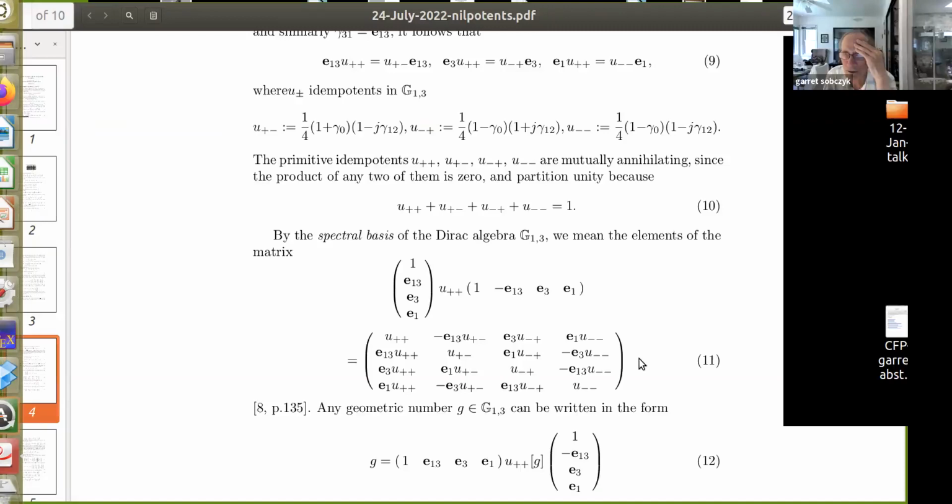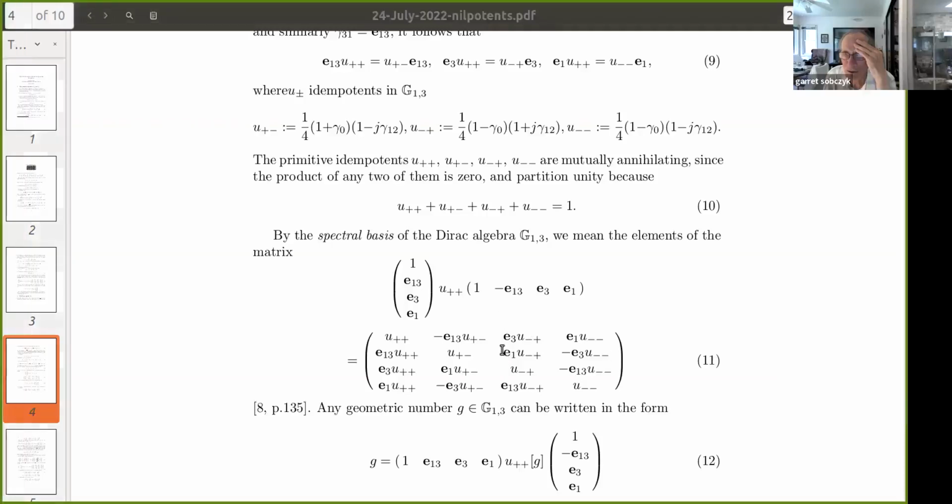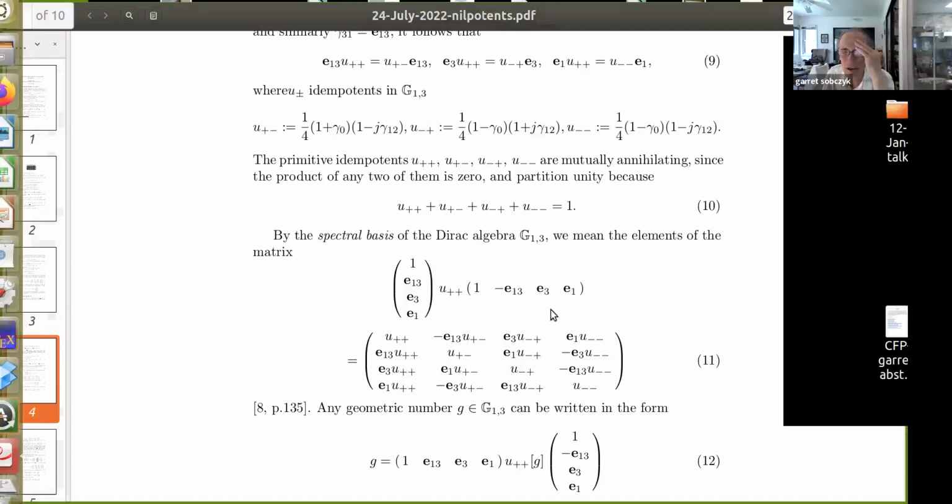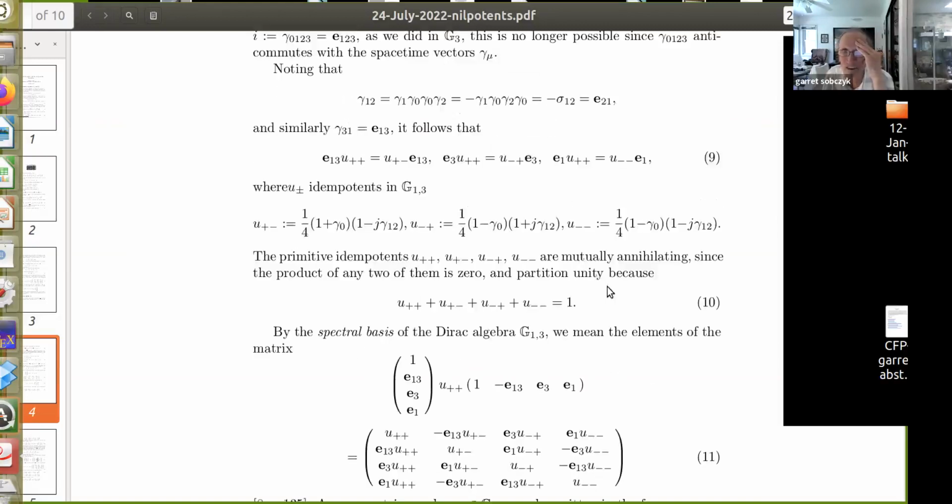I didn't even pay attention to the Dirac algebra for many years because, for the simple reason that you just said, it's not that easy to find this expression or to verify that it's a multiplication table. But again, it reduces all Dirac matrices to a product of nilpotents.